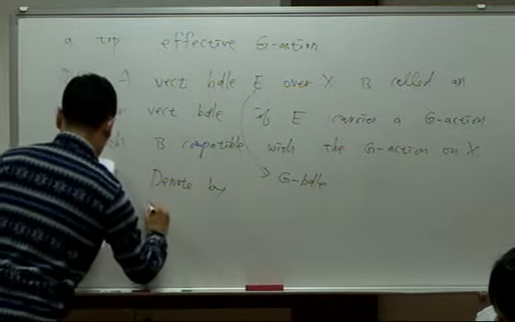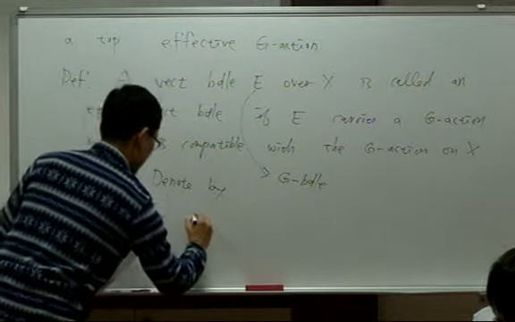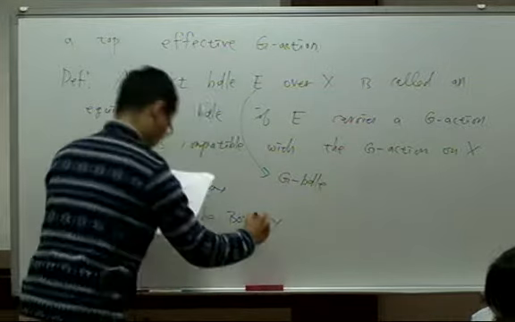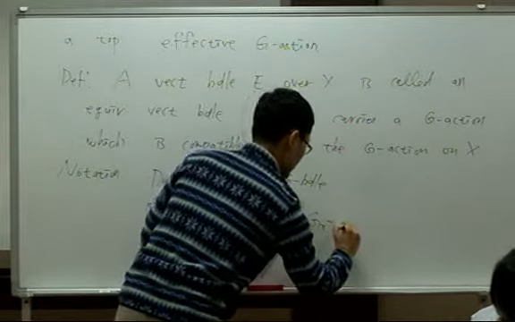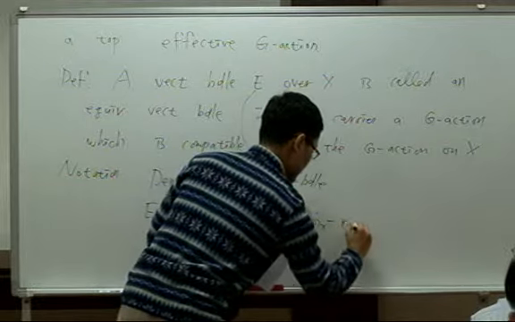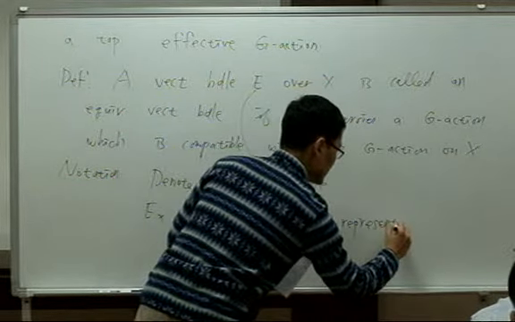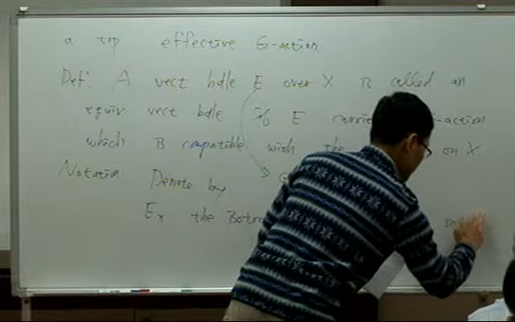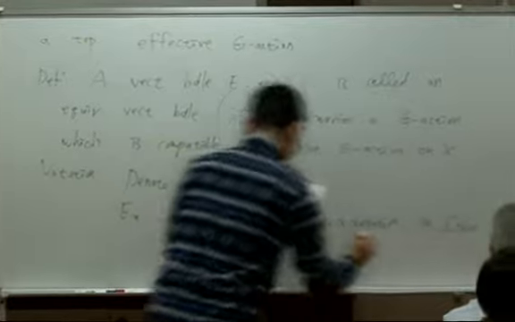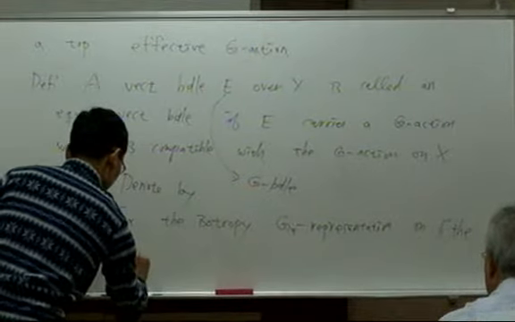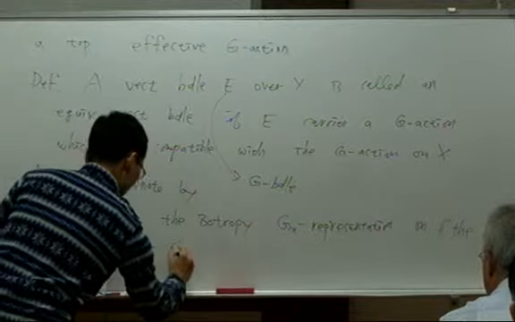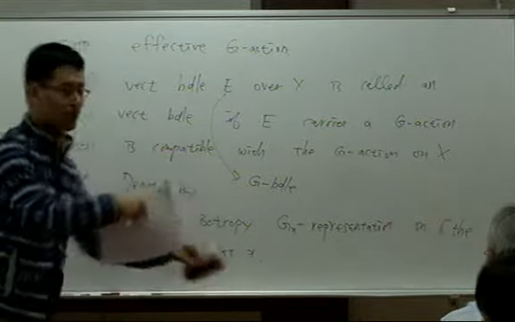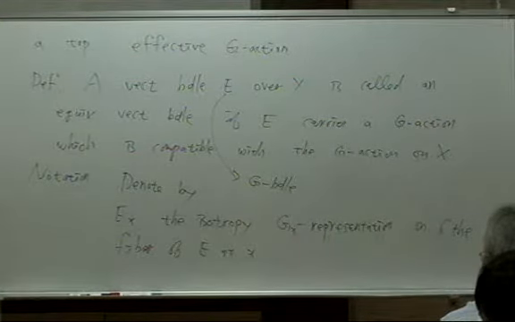Denote by E_x the isotropy G_x representation on the fiber of E at x. I explain this notation a little bit.